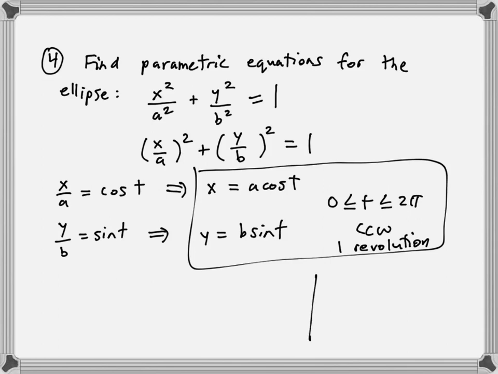So if A was bigger than B, this is what it would look like. There's A, and let's say B is up there, and that's negative B. It would look something like, oops, let me try that again.